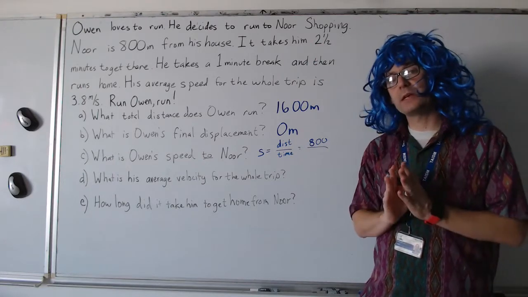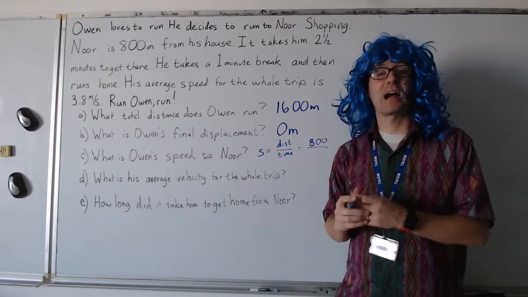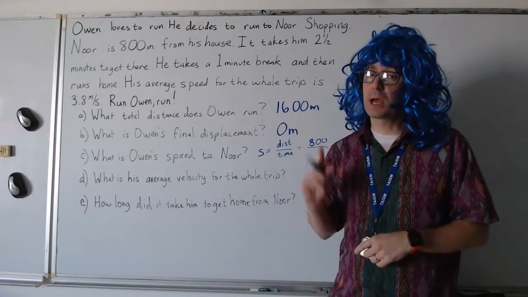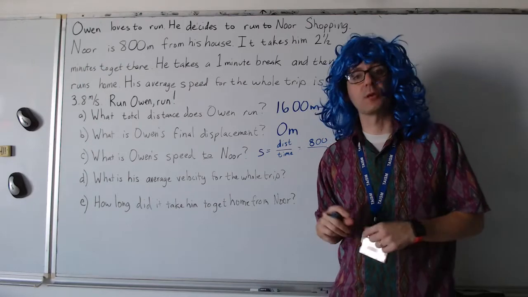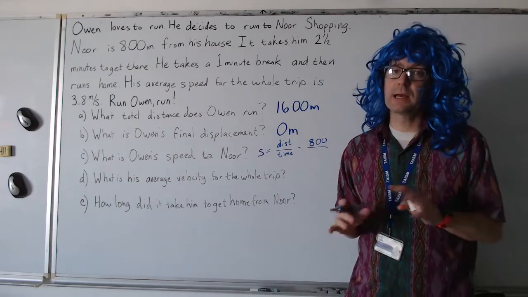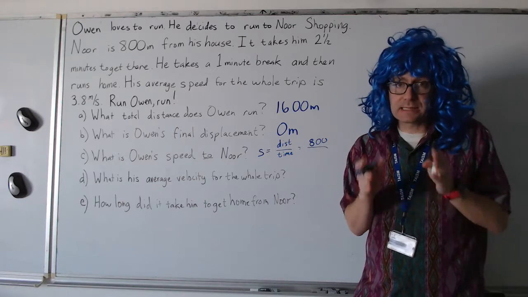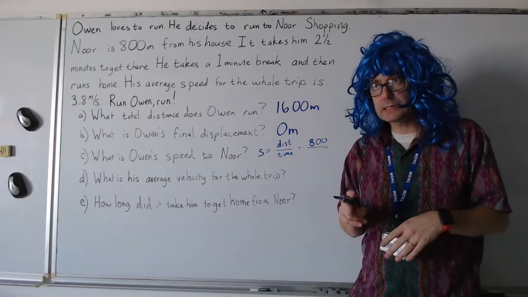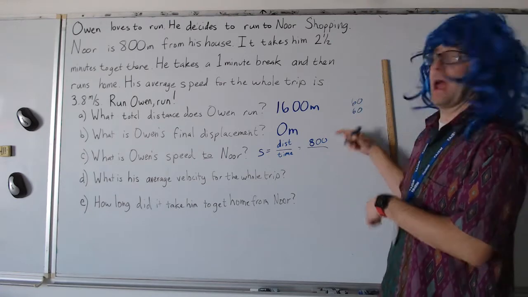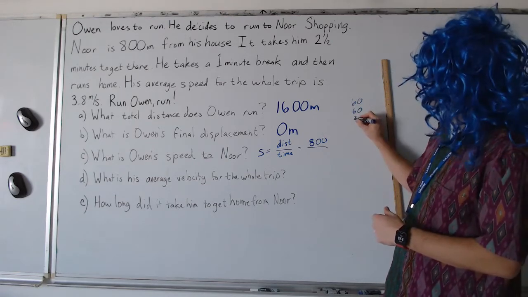Now, we want to make sure that we put this in SI units, which means meters and seconds. So I'm not going to use the 2.5 minutes here. I'm going to turn that into seconds. You can do that however you want. I know that there's 60 seconds in each minute. So 2 minutes would be 60 plus 60, and then half a minute would be another 30 seconds.